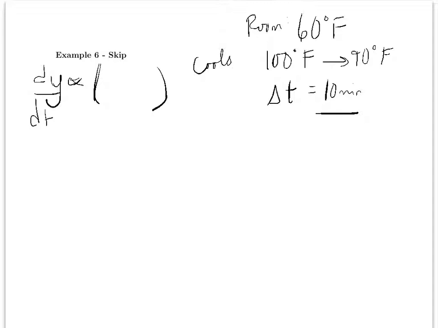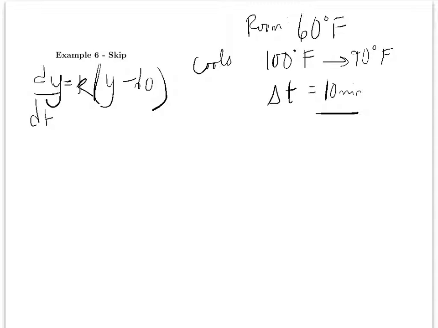So in this case, it would be y, the temperature of the object, minus the temperature of the room, which is 60, okay? And again, to get rid of that proportional sign, we can put in equals if we have a constant here. So now we have our differential equation, dy/dt equals k(y minus 60), okay?